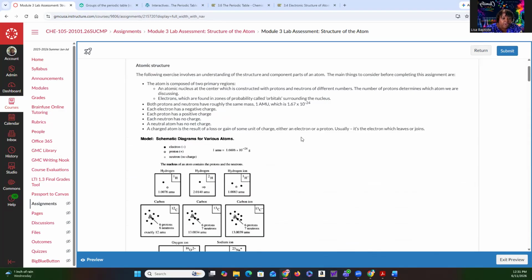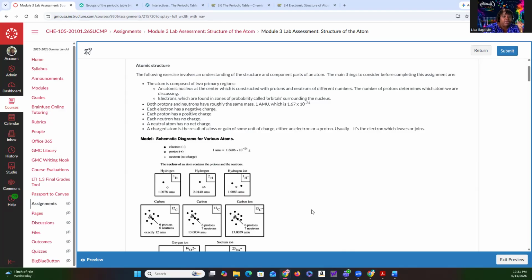It's a way to represent the element that has the same number of protons and electrons, but a different number of neutrons, because the mass numbers are different, okay? So the mass numbers for isotopes are different. And the number in the periodic table for the atomic mass is calculated based on all of the isotopes for a particular element.